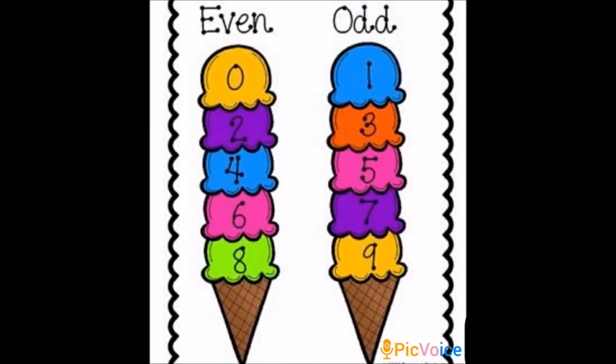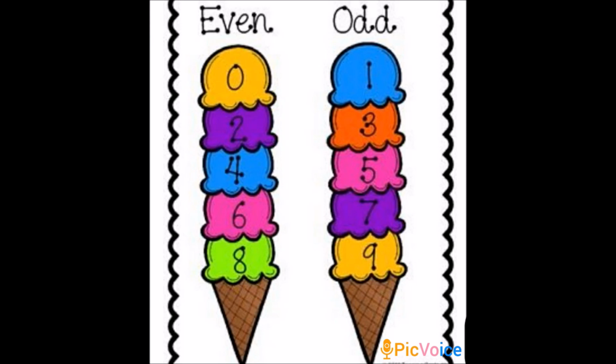Okay children, now we can see an activity based on even and odd numbers. Okay, see what is this? You are seeing colorful ice creams, right? Yes, see here you have even numbers and this side you have odd numbers, right? Alright children, see, even numbers end with 0, 2, 4, 6 and 8.